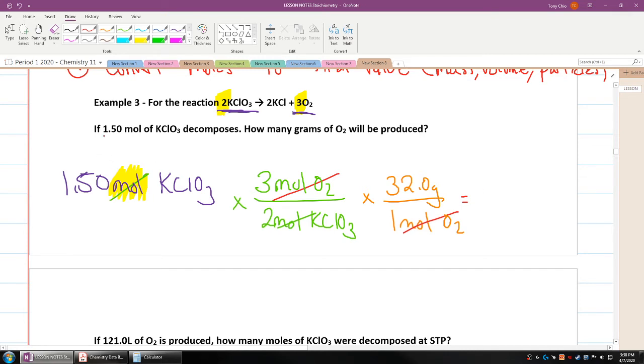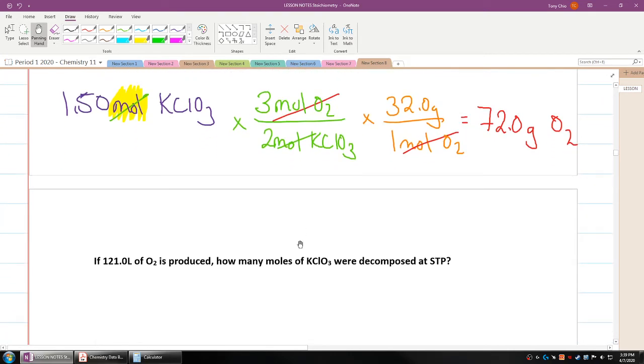But you have to make sure your answer is in 3 sig figs, so it becomes 72.0 grams of O2 will be produced. So this is how you can now convert from KClO3 into another chemical using your mole ratio. So again, if you want to pause this video and solve your next question, you can practice that first. So let's look at our next question.